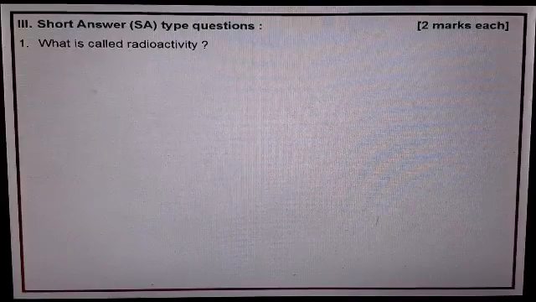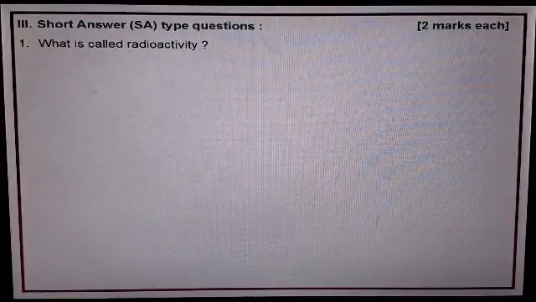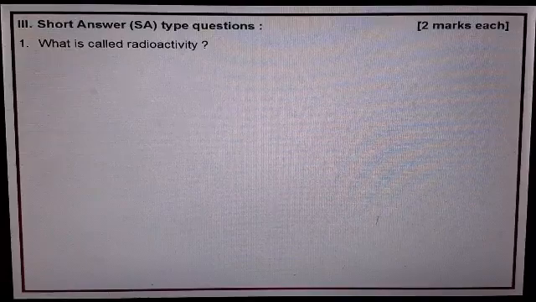Next come to the short answer type questions, that is the 2 marks questions. First question is, what is radioactivity?